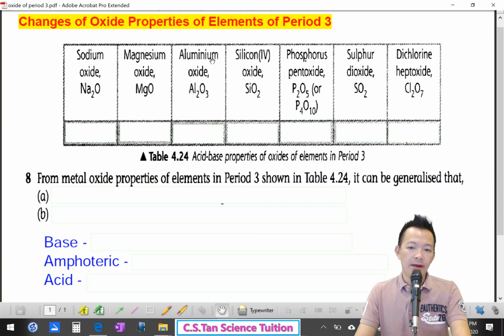OK，来了 OK。For element in the period number 3 for the left-hand side, sodium and magnesium, they form the oxide that is basic.